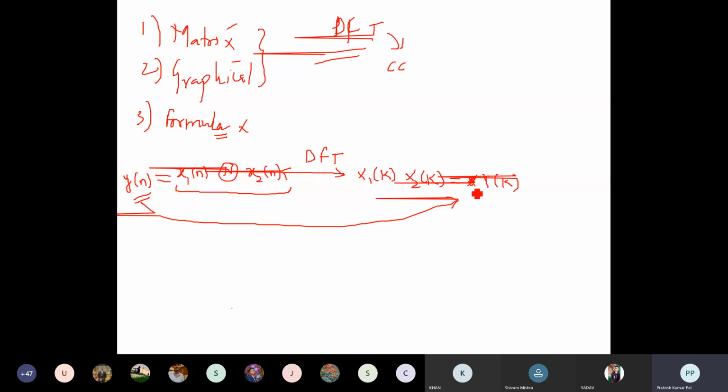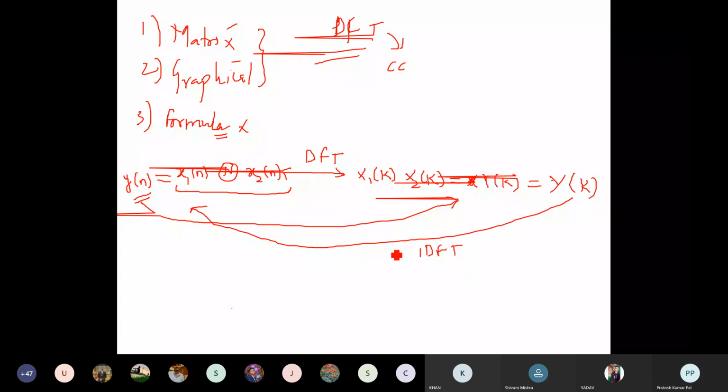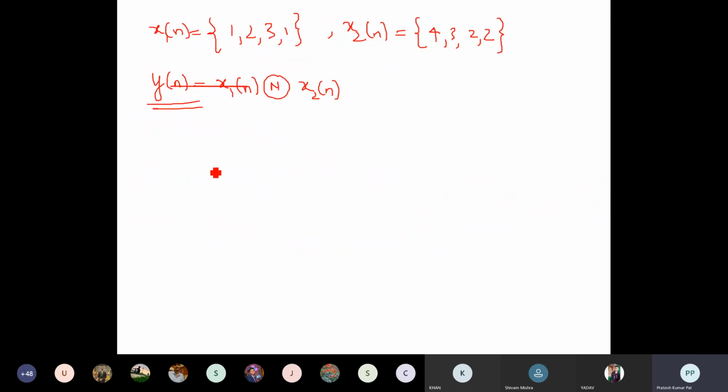Once we have got the DFT, that is Y of k, we can take the IDFT to find out y of n. Finally, the circular convolution of these two signals x1 and x2 that we will be getting is y of n. So to get y of n, we can use the DFT method.